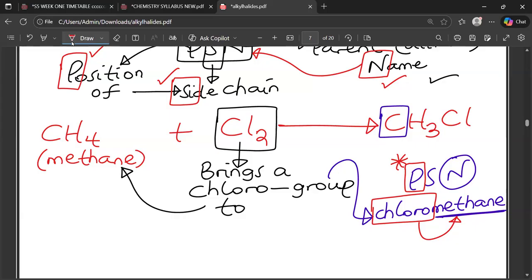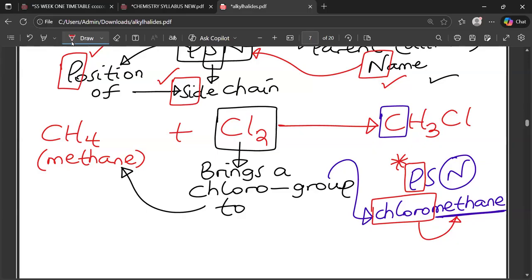But for this case, the Cl can only touch one carbon. There is no other carbon, it is one. So you mentioning the position of that one chloro, it's not important. When you say one chloro, that means there is a possibility of having 2 chloro, 3 chloro, and others. But if it is one chloro and there cannot be any other possibility, then the position is not necessary.